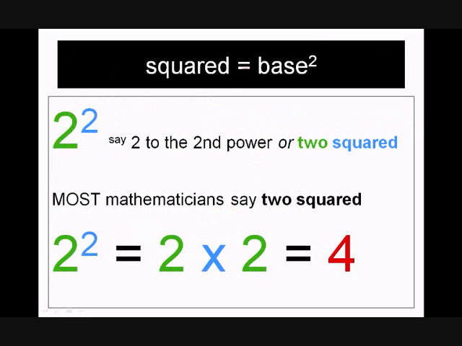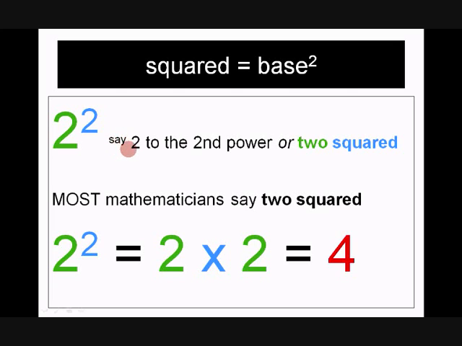So squared is equal to base to the power 2. If we say a squared, 2 squared, 3 squared, x squared, y squared, what does it mean? The base number is to the power 2.